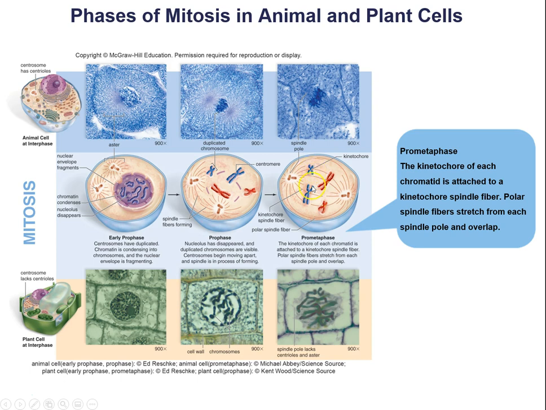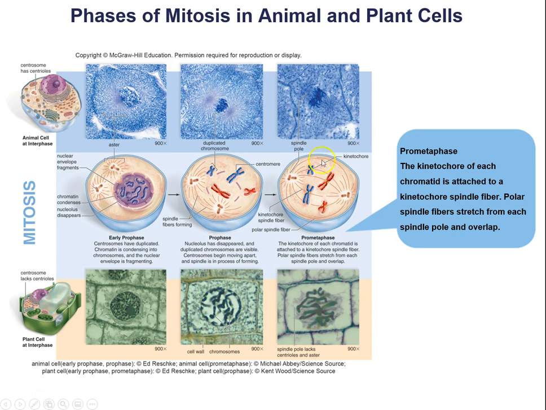You have the kinetochore that's formed. The spindle, you can start to see it forming. There's poles, right? It says spindle pole because basically the two centrosomes have moved completely apart from one another and they're on opposite sides of the cell.